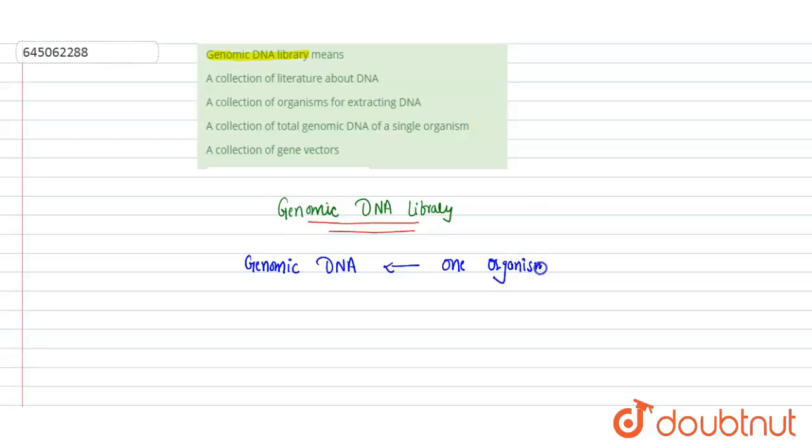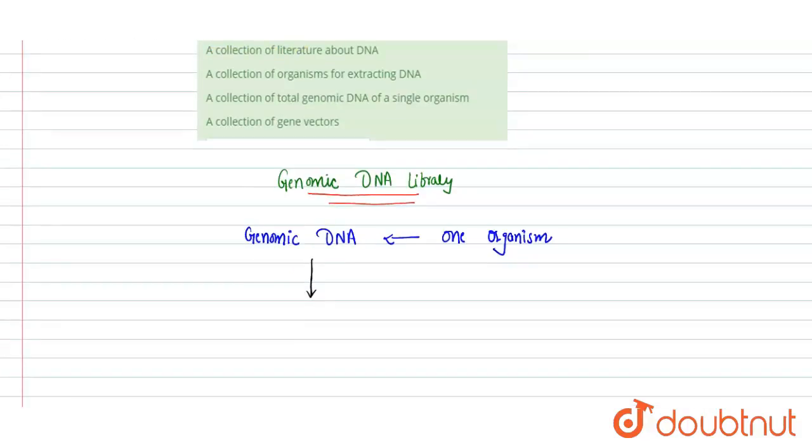This genomic DNA has been stored by insertion into specific vectors. Specific vectors could be anything, plasmid, cosmid. Usually the vectors used are those which can carry a large amount of DNA, large inserts.